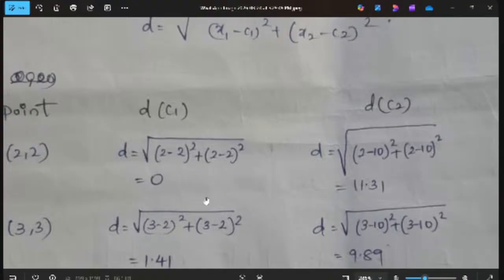Look first, if you keep writing, what will you understand? What is C1 here? The centroid value is 2, 2. Here the centroid value C2 is 10, 10. In each step we will calculate the distance.